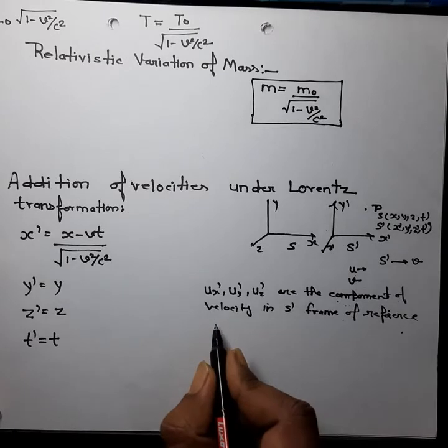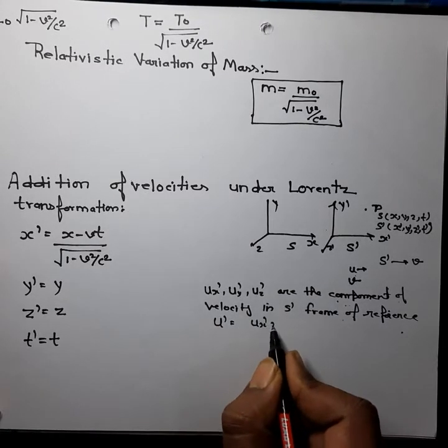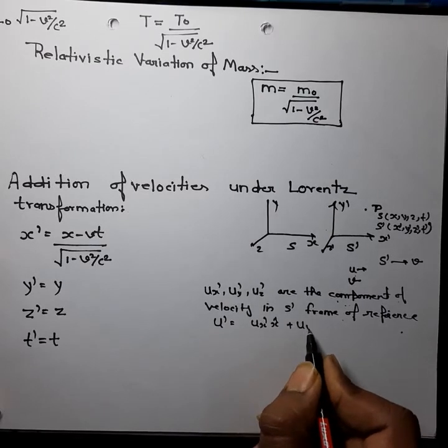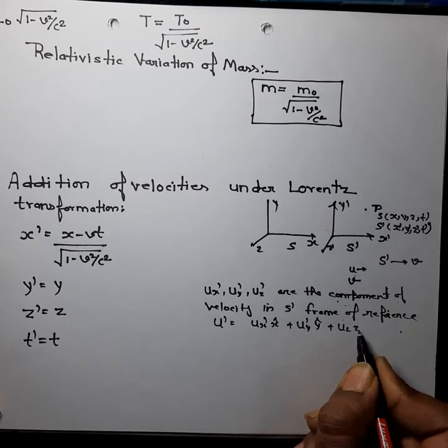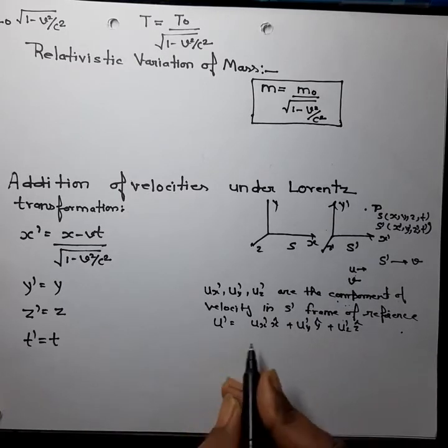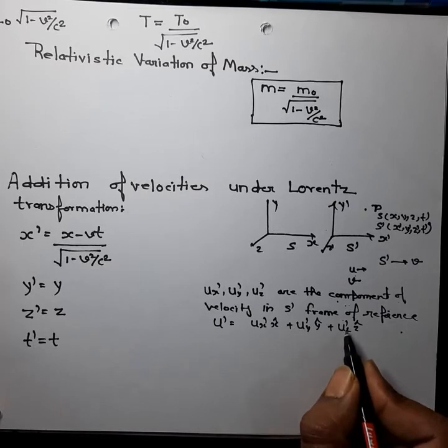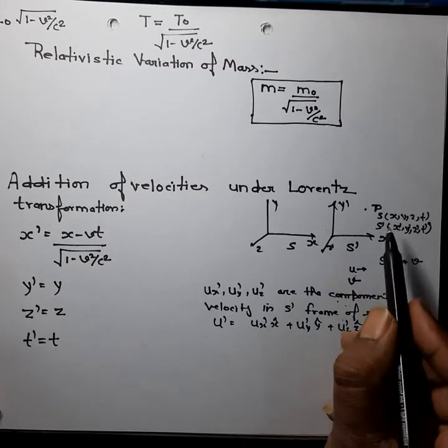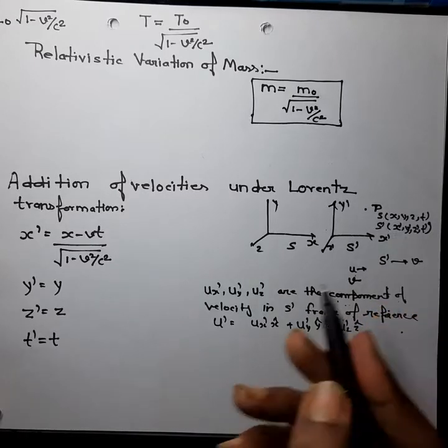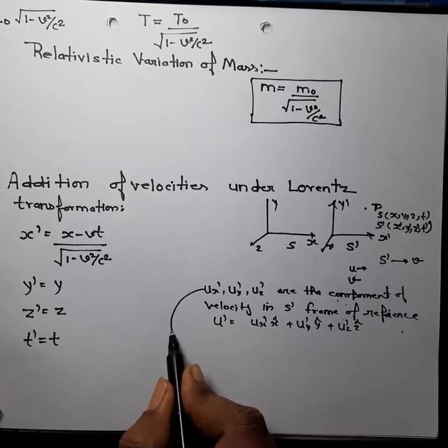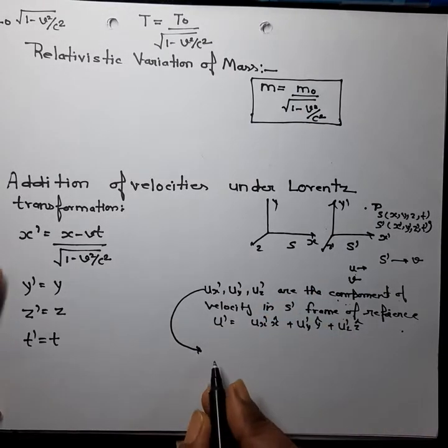This means u dash is equal to ux dash x cap plus uy dash y cap plus uz dash z cap. So ux dash, uy dash, and uz dash are the velocity components in the S dash frame of reference. Then what will be their corresponding components in the S frame of reference?